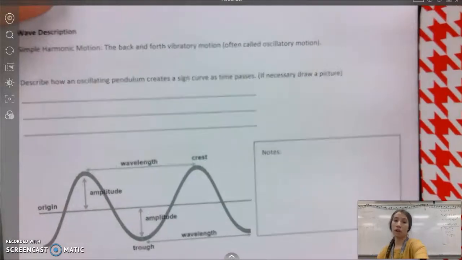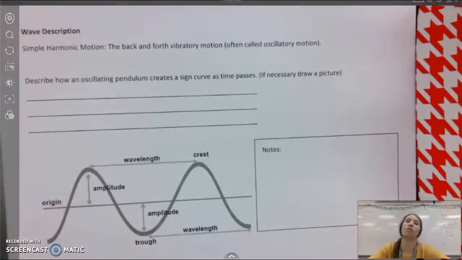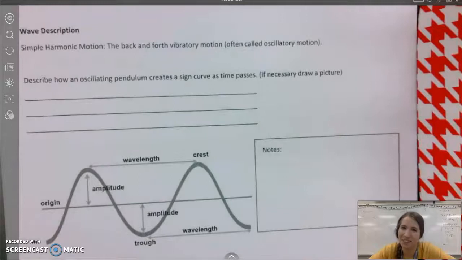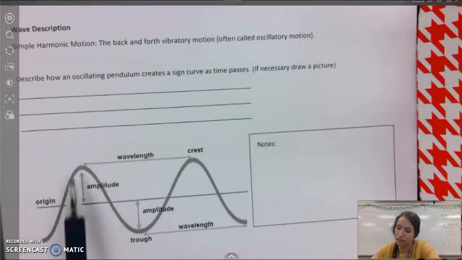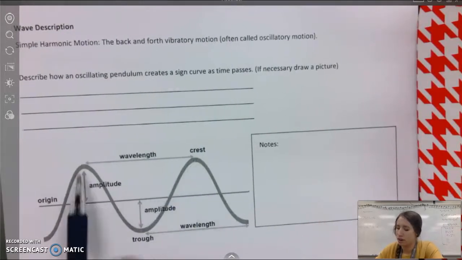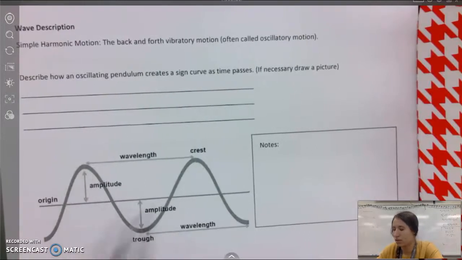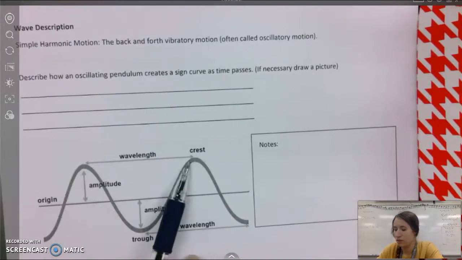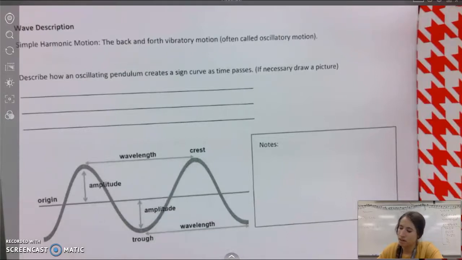Okay, so harmonic motion, man, we have so many names for kind of the same thing. Like wave, vibration, harmonic motion, oscillatory motion, and we're talking about this progression where we're starting somewhere as a wave moves through a medium, right?